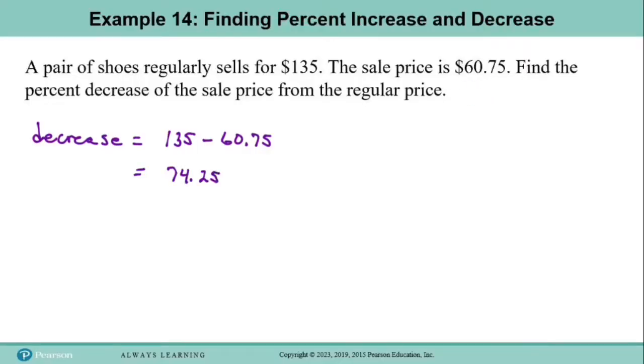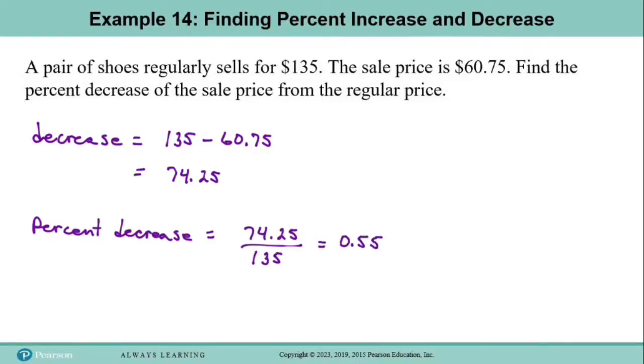That's a decrease of $74.25. So the percent decrease is that $74.25 divided by the 135. That gives us 0.55, and then we convert that to percent, so the percent decrease is 55%.